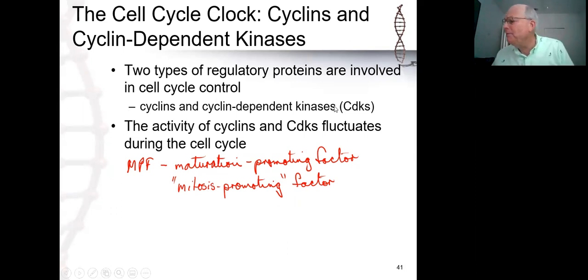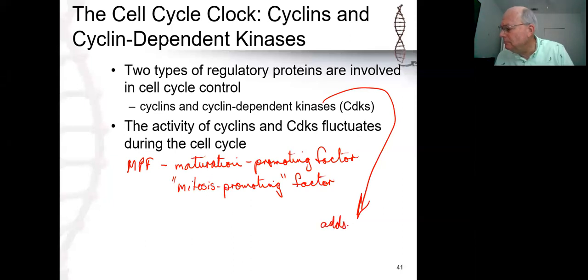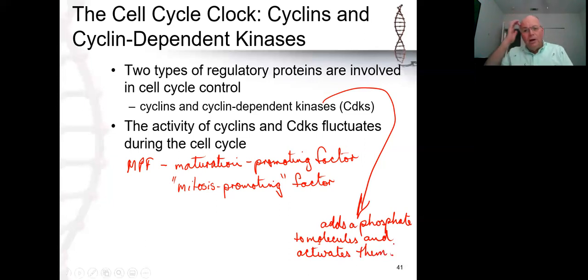Now, a kinase adds a phosphate to something. So kinase enzymes are activators of other enzymes and other proteins.